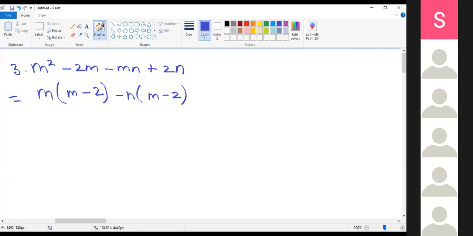Everybody got this so far? Yes, miss. All right, next line. M minus N, bracket, M minus N. Excellent. Anyone did not get that? Anybody did not get that? All right. So let's move on.